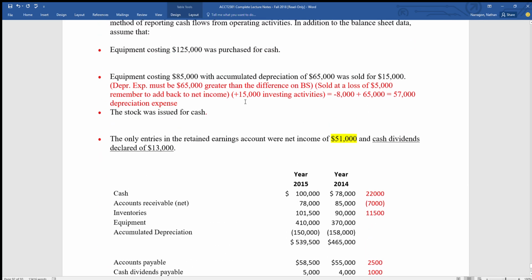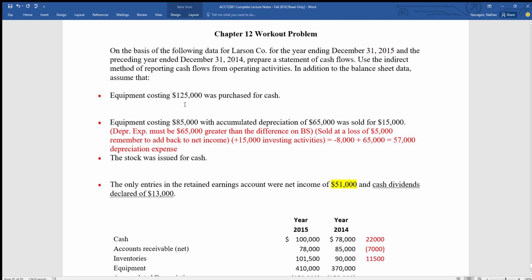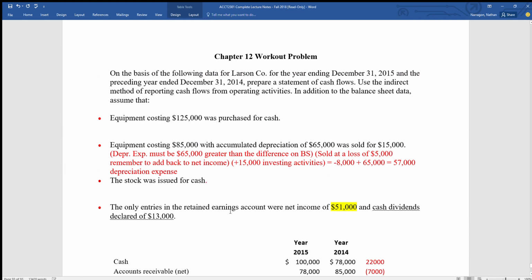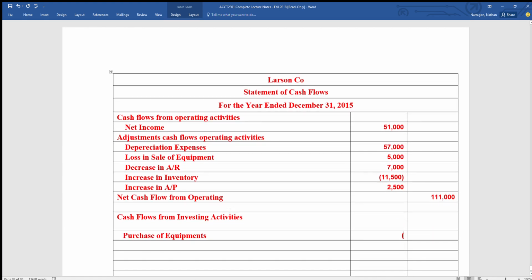Here, this is where our equipment is. We included 15,000 in investing activities, but we bought basically, so purchase of equipment, and you can do it either way. So I'm doing the purchase first because that shows up first, of 125,000.